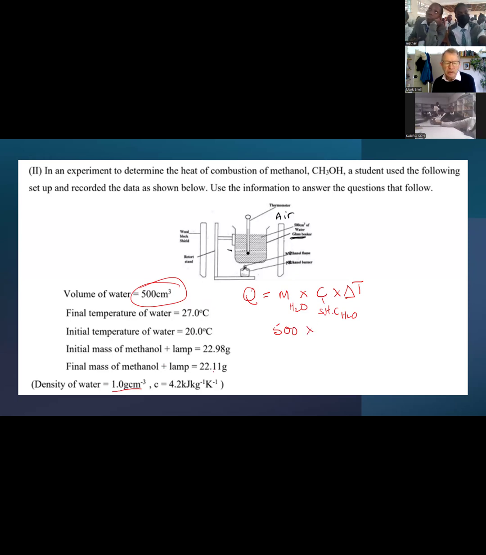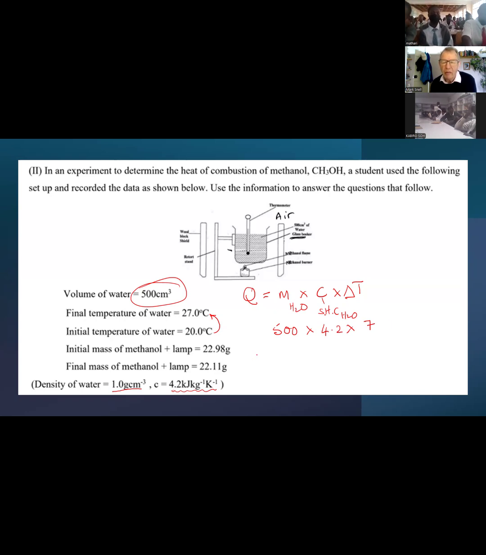C, you will always be told in the exam. You never have to remember it. It's 4.2. So there's 4.2. Delta T is the change in temperature, and you can see here it's gone from 20 up to 27, so it's 7. And that gives us a number.